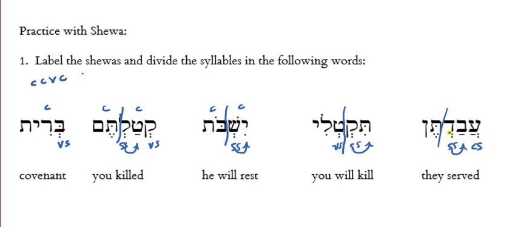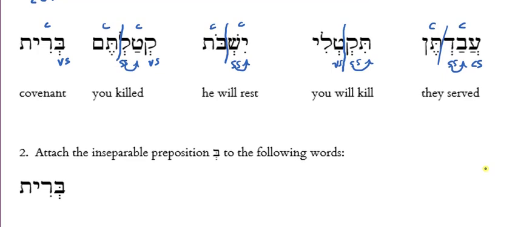So this is avad, avad, a closed syllable because I'm ending with a consonant that has a silent Shiva, and then den, consonant, vowel, consonant, tav, segol, nun. That's closed as well. Avad den, so this is 'they served.' So we've labeled the Shivas, and we've divided the syllables.